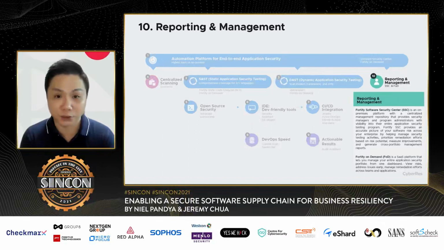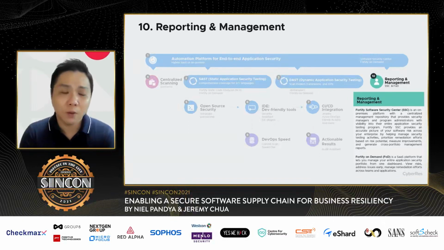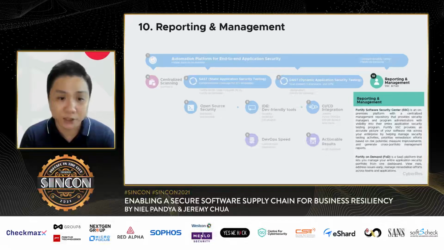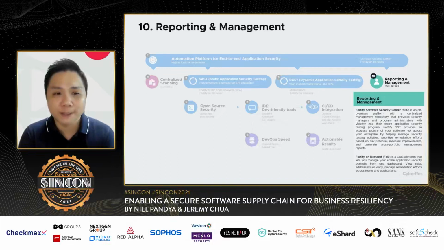These are important information for the management to know what is the progress in terms of their application security assurance journey. So let me give you a typical example of why managing the issues is very important. For example, I have a development team, and on the very first scan, the baseline scan, there are a lot of cross-site scripting issues being reported. Generally, when developers get trained on secure coding, the number of issues being remediated will be reduced, and not only that, they pick up the habit of doing secure coding.